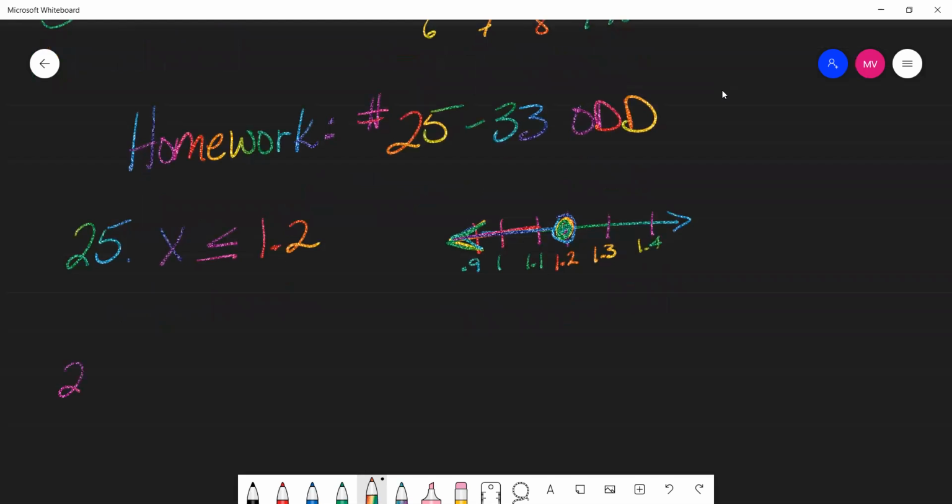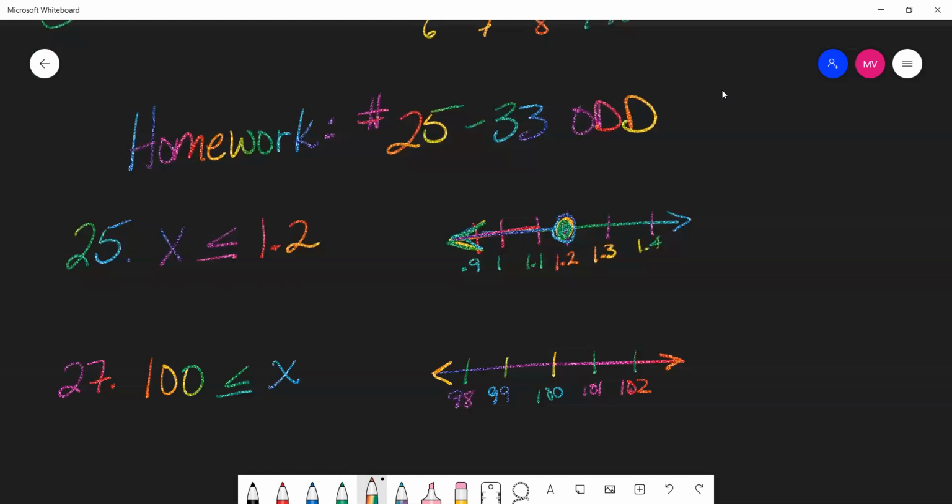All right, 27. 27 is 100 is less than or equal to x. So 100, 99, 98, 101, 102.